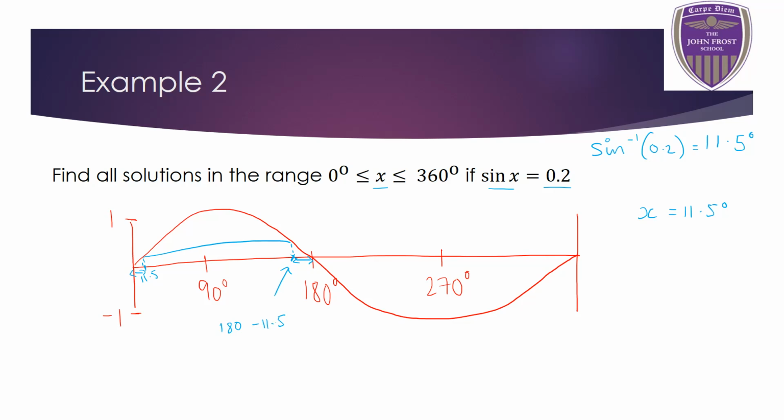Because the sections are symmetrical, it's always the same distance in terms of the gap. So 180 minus 11.5 is 168.5, and that is the other solution. So the two solutions for that one are 11.5 and 168.5.